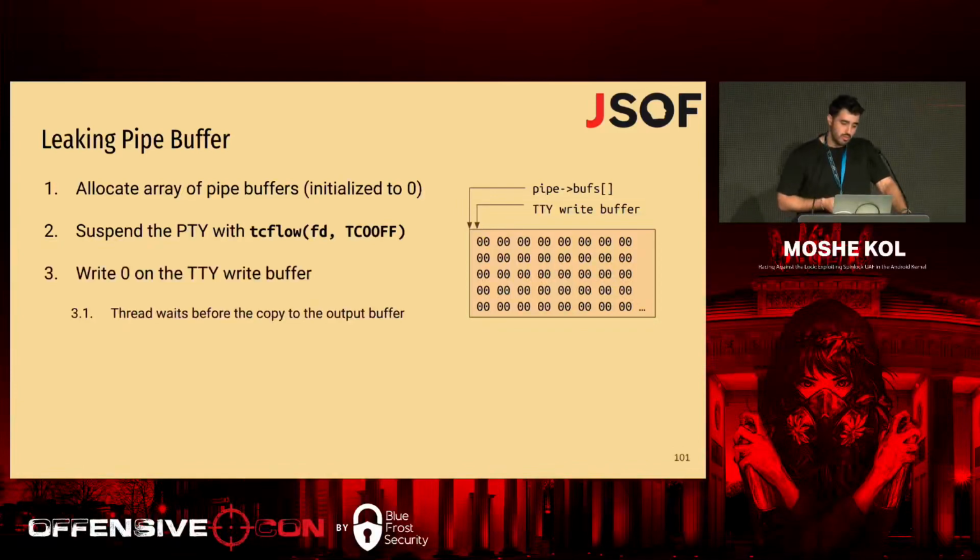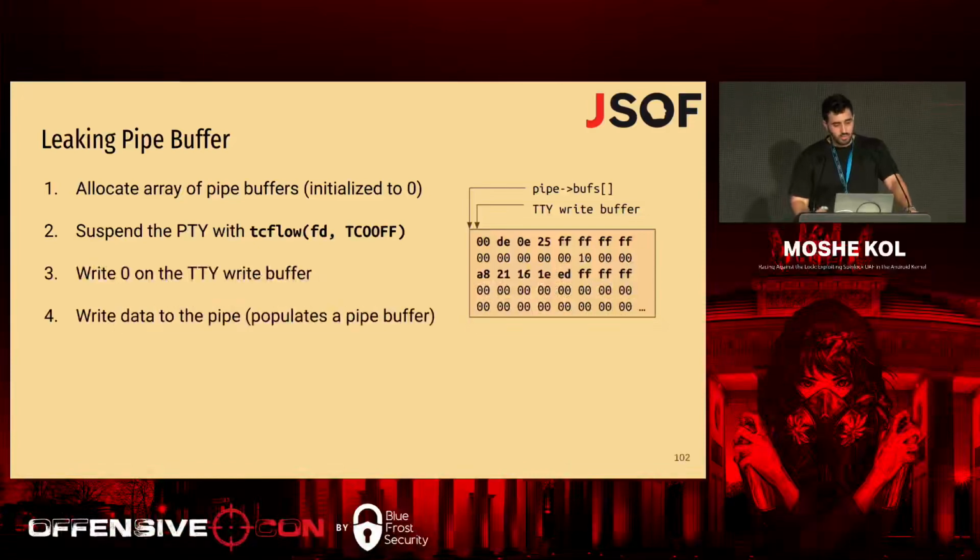And then we will write zeros to the TTY write buffer. It will write the zeros, but the thread would block before it copies the data to the output buffer. Then we will write data to the pipe, and so a pipe buffer will be populated with our precious kernel pointers.